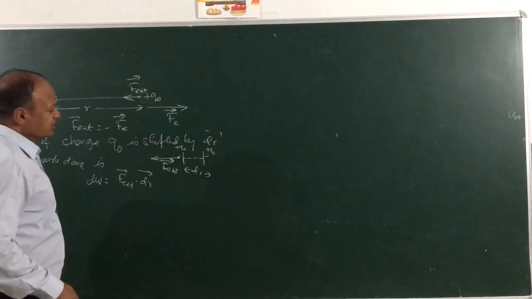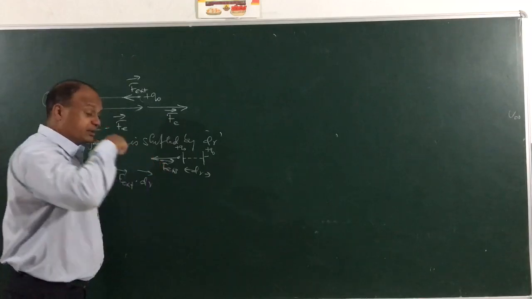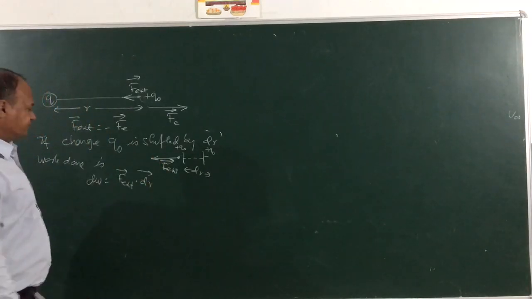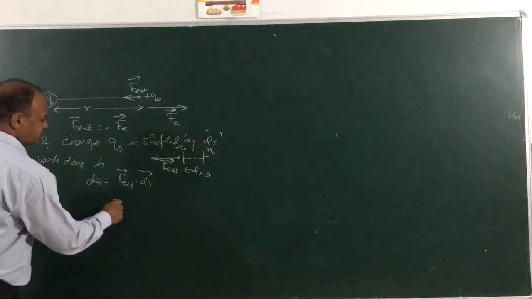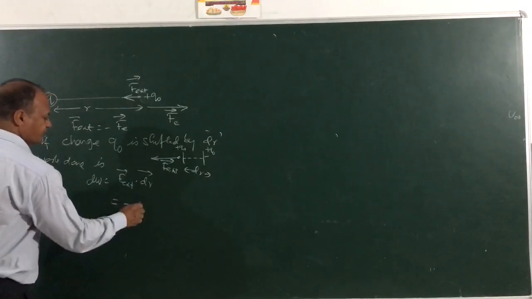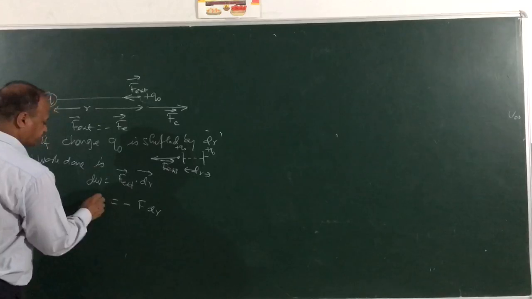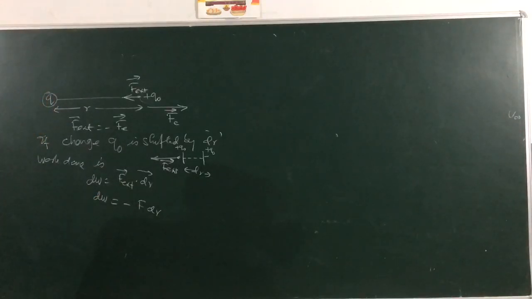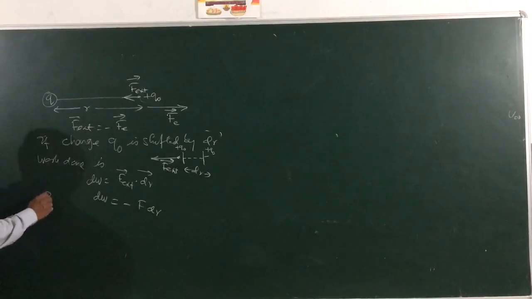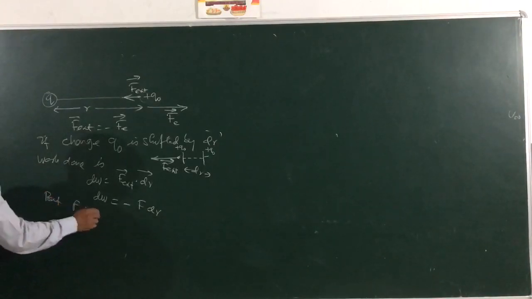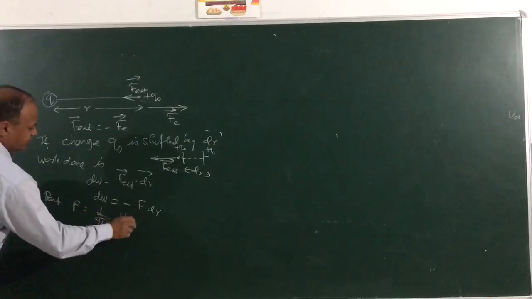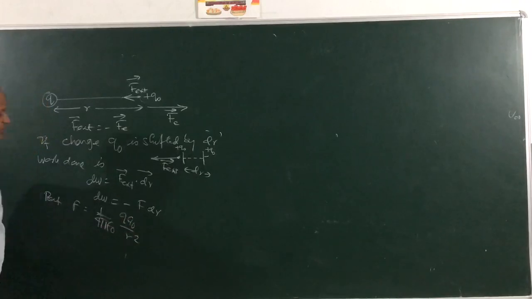Now you can see that dr and F external are in the same direction, but F external is negative. So it is minus F dr. But how much is F? F is 1 by 4 pi epsilon naught Q Q naught by r square.